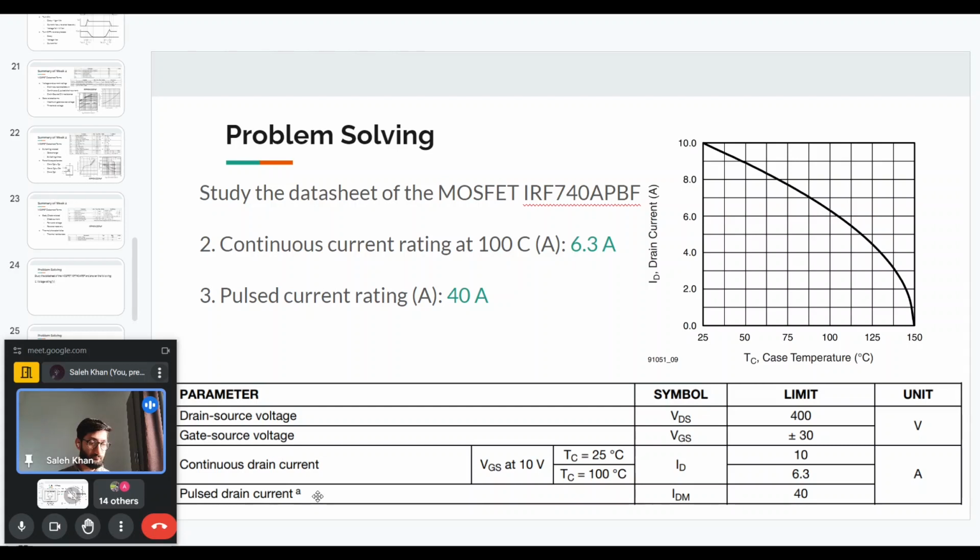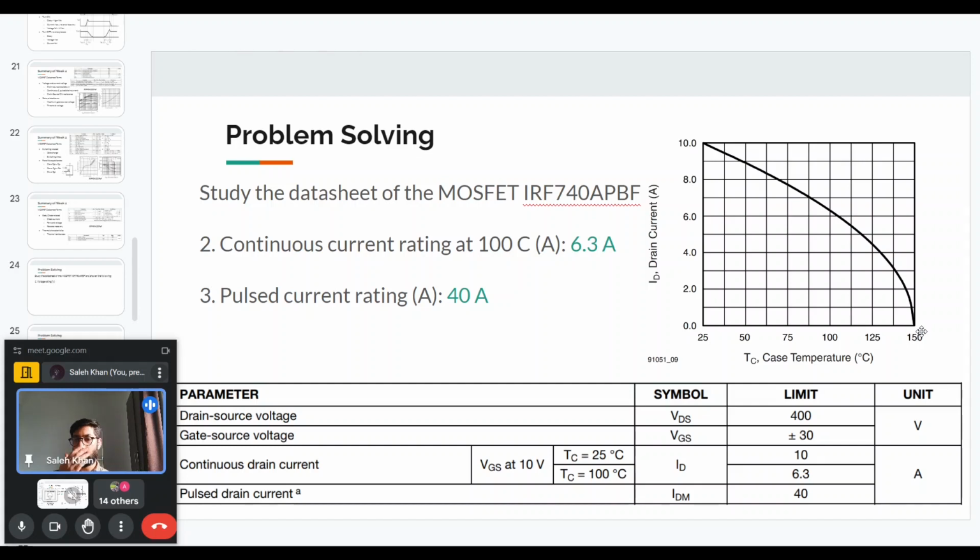We are also provided a curve of how the drain current changes with the case temperature. As the temperature increases, the allowable continuous current rating of the device decreases. The maximum temperature this device can handle is 150 degrees. So if the case temperature is already 150 degrees, then the current rating goes to zero.